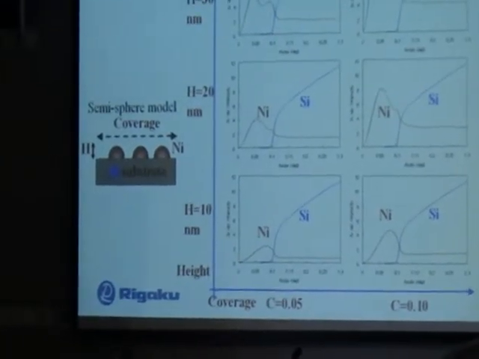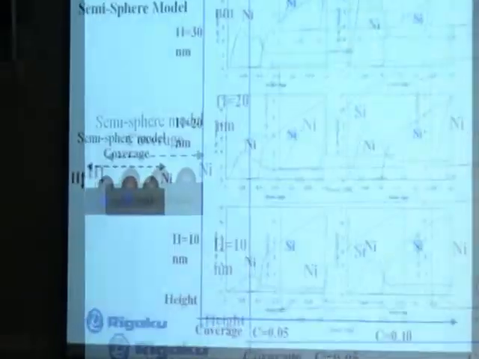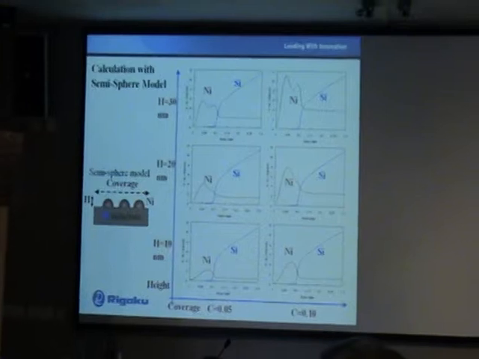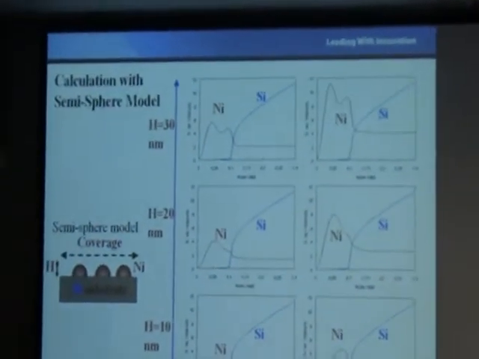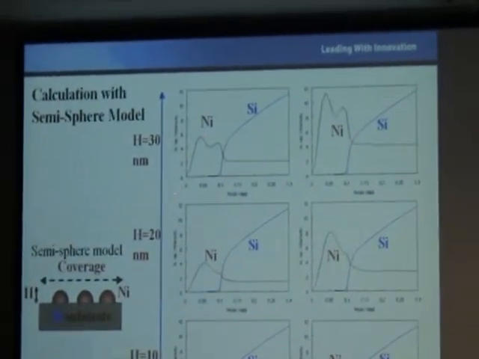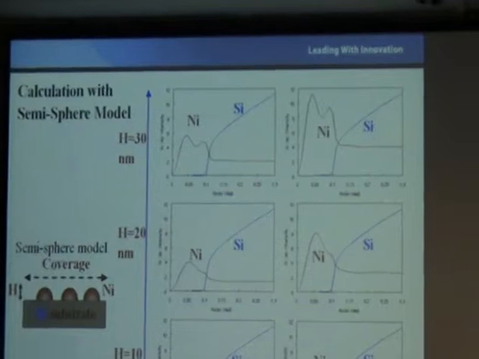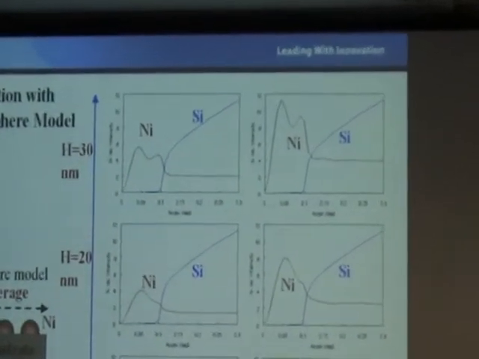This is a calculation of the nickel. If we give a particle height of 10 nanometers, the shape is like that, and in the case of 30, the shape changes.